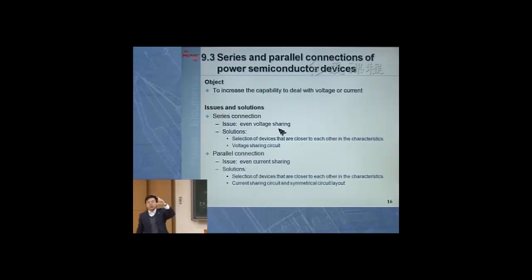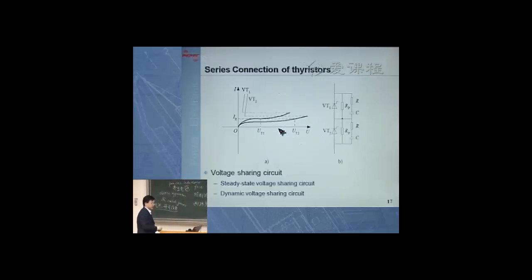If one device is taking too much voltage, that device will be destroyed. Do I have a picture here? Yes. I'm connecting two thyristors together in series. If this thyristor is taking too much voltage, then this thyristor will be destroyed. Once this is destroyed, all the voltage will be applied to this one, and this one will also be destroyed.